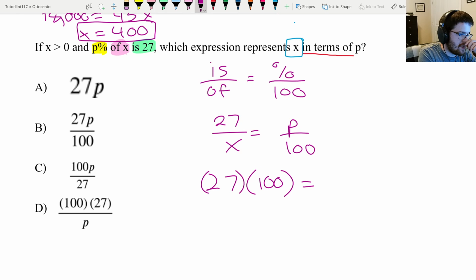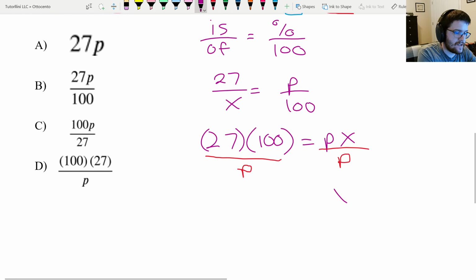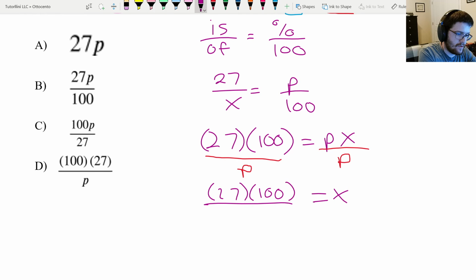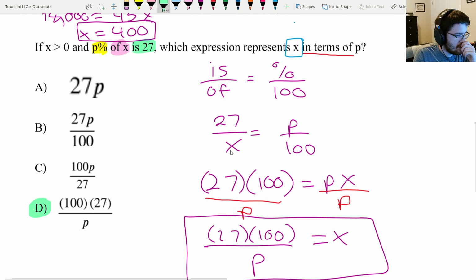So how about we just call that PX? Now to get X by itself, we're going to divide both sides by P, because the opposite of multiplication is division. And we get X is equal to 27 times 100 over P. And I'm pretty sure that is answer choice D. I think we did a good job there.